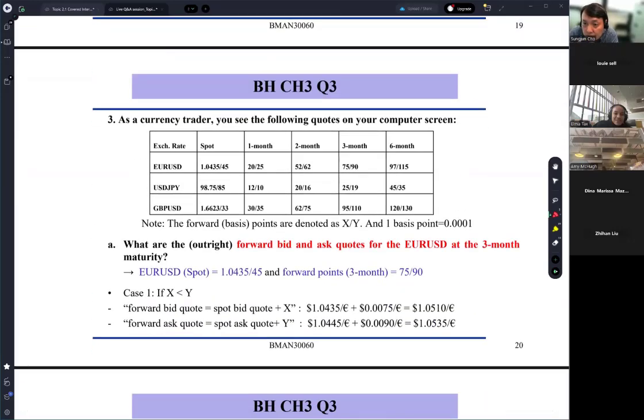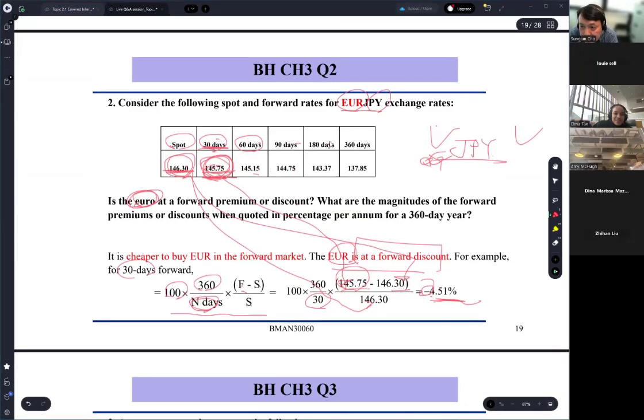Chatting window: why are we using some 30-day figure instead of 30? You can use anything. This is an example. If I want to compute 360-day forward, I want you to exercise with this one. For each different maturity, you should be able to compute this number.